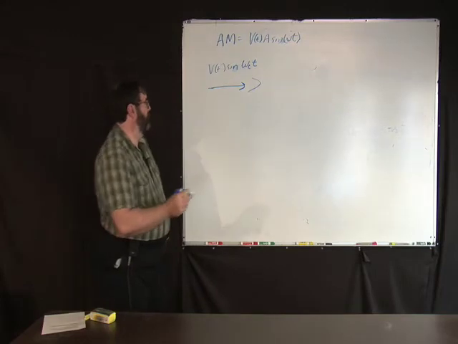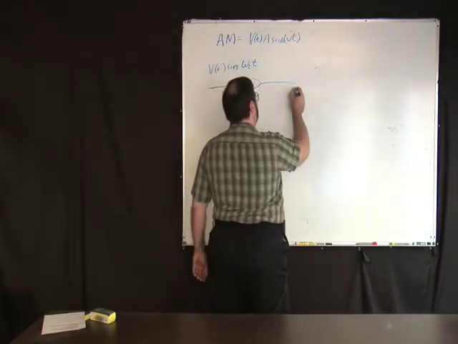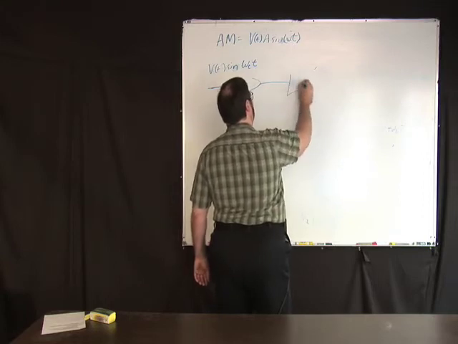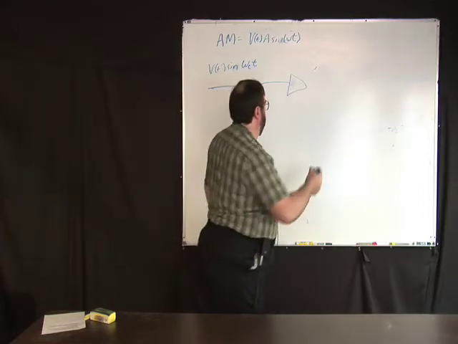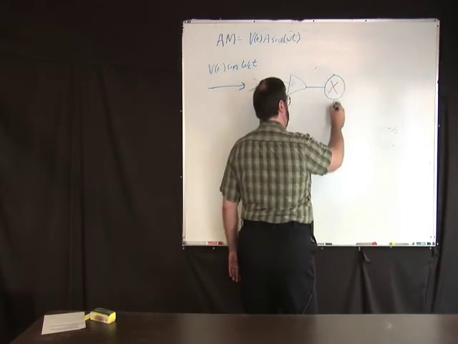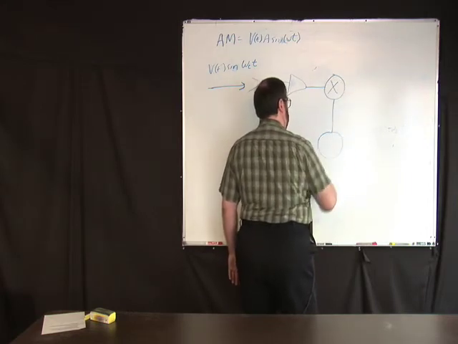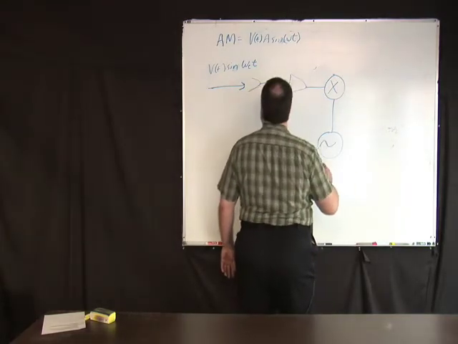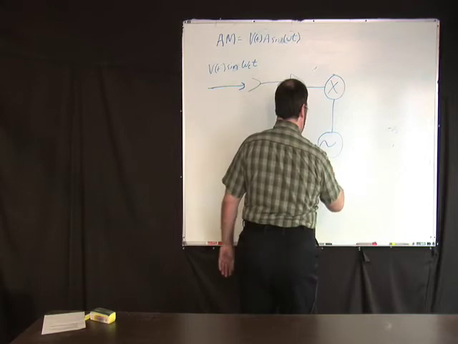You'll probably amplify it, among other things, and then stick it into a mixer. Into your mixer you'll put a local oscillator at a frequency something like sine omega c t.